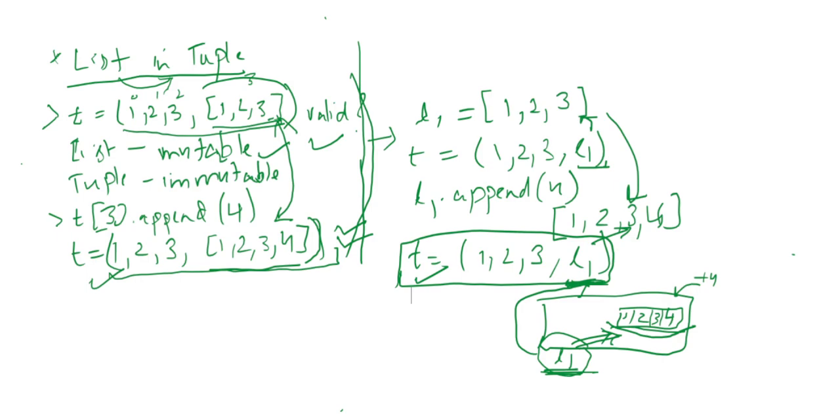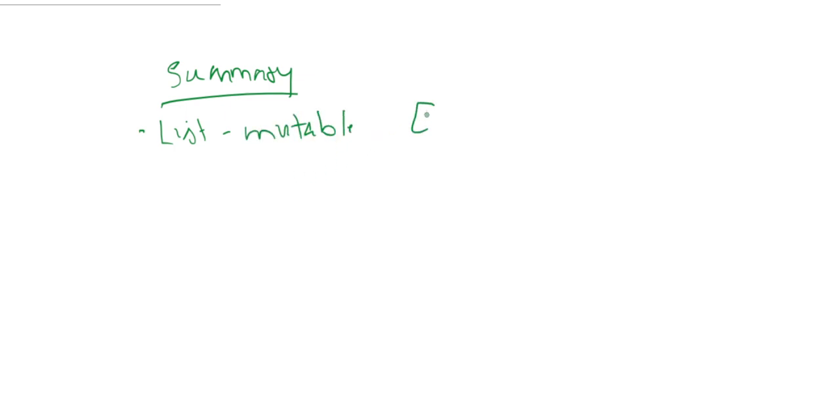So now let's summarize what we have discussed in this question. So let's prepare a summary. So first we have discussed that list is mutable, right? So if we have a list, say 1, 2, 3, and if we add a new element to this, say 4, the list will become 1, 2, 3, 4.